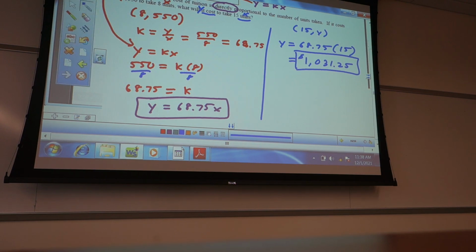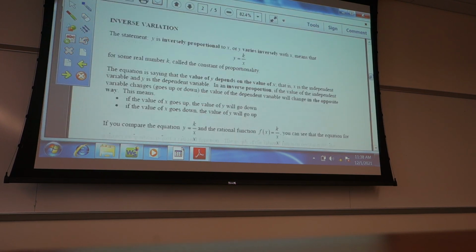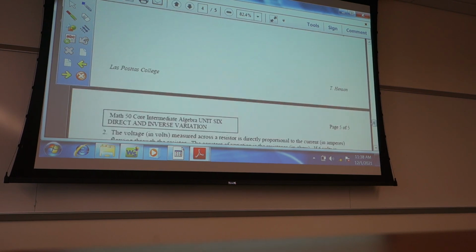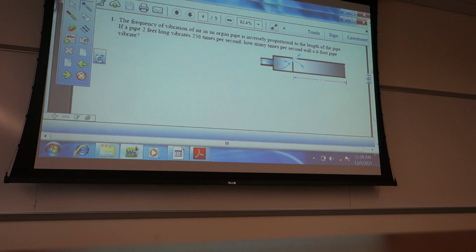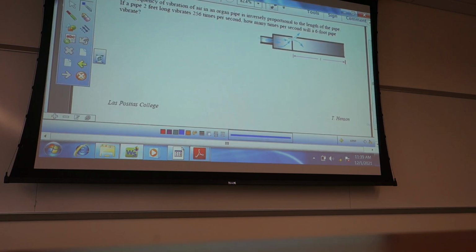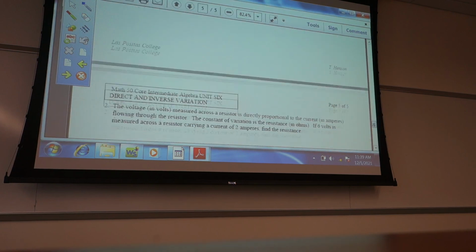Okay, so now you folks have got 2 to do. A bunch to do. Actually, you have this one. So again, I want you to give me y equals something with x in it. Figure out whether it's direct or inverse.